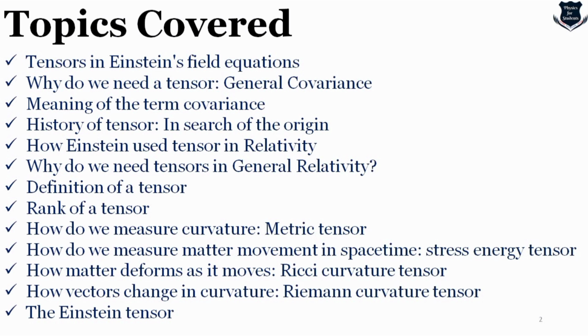How matter actually deforms and takes different shapes as it moves, that covers the Ricci curvature tensor, and how a vector changes when it moves along the curvature, which is an important role of the Riemann curvature tensor, and finally the Einstein tensor. So all in all, this video is going to cover all the major tensors used in general relativity with simple illustrations and examples, so that the understanding is pretty clear.